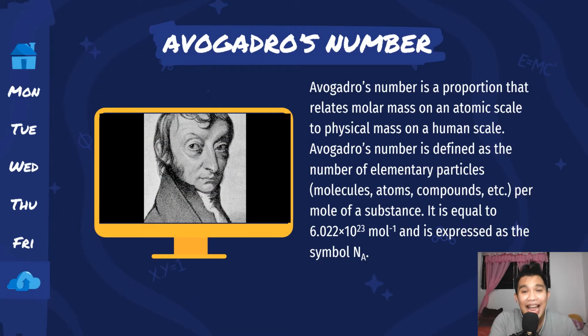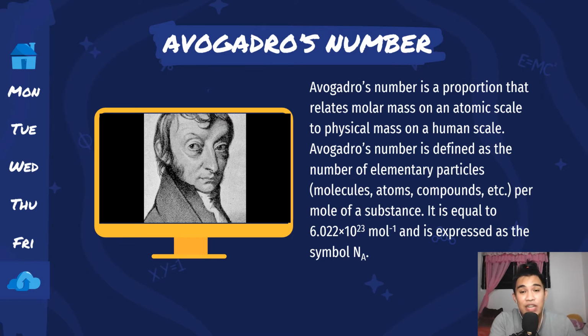And this Avogadro's number is a proportion that relates molar mass on an atomic scale to physical mass on a human scale. It is defined as the number of elementary particles. And what are these elementary particles? It could be molecules, atoms, compounds, and the like per mole of a substance.